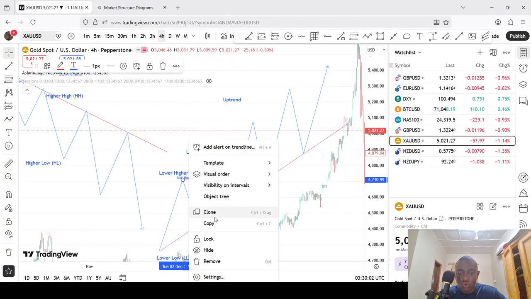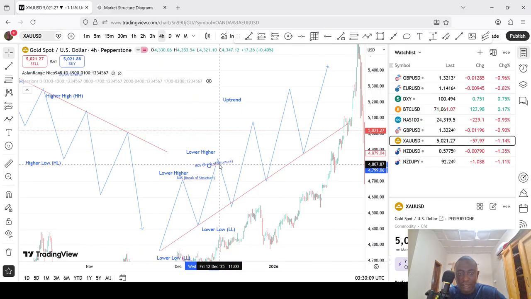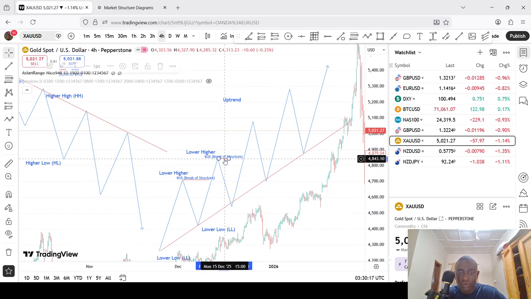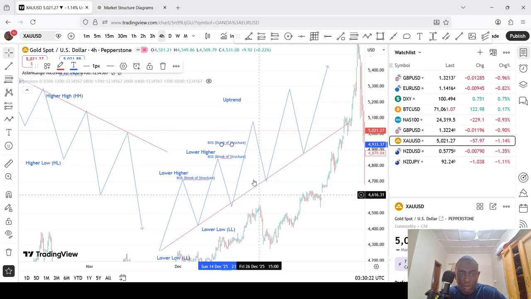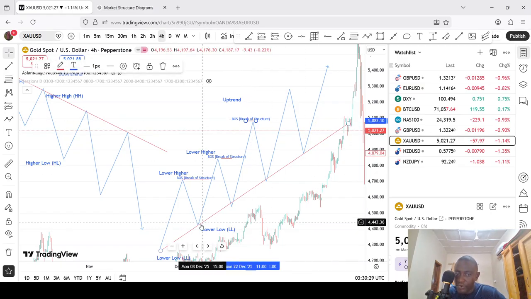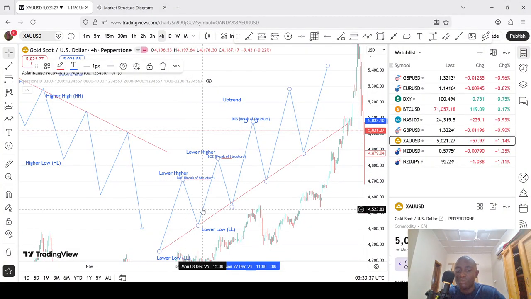So this one will go on and on until at least we are done. You always have break of structure once price is in an uptrend or downtrend. These ones are very key. You understand? So the same way, price moved from this and broke this particular level, right? So we have that break of structure.